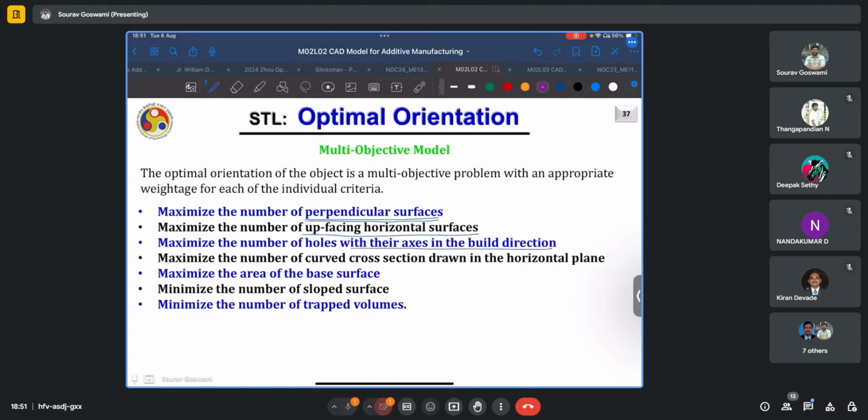Why we do this is because, say, you have maybe a cylindrical hole in a part. So you're depositing this cuboid, which also has a cylindrical through hole.